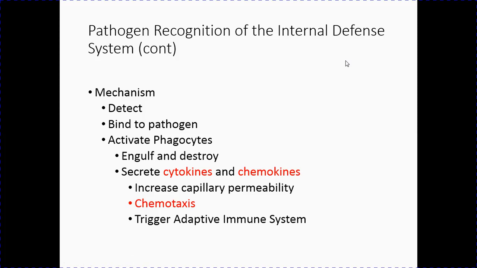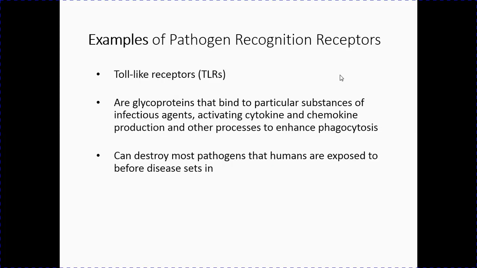The concentration gets stronger and stronger, and it will, at some point, because we've increased the capillary permeability, the white blood cell can leave the vasculature and go and assist in the defense of the host against the microbes that were found there. It's also going to trigger, those cytokines can also trigger the adaptive immune system. Let's see. Yeah, I think that's all I want to say about it on this particular slide.